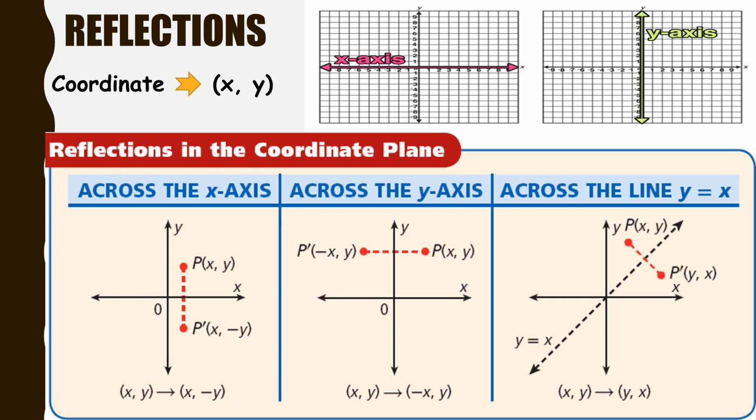Now, when you reflect across the y-axis, the y coordinate remains the same while you multiply the x coordinate by -1, or simply put, you negate the x coordinate. And when you reflect across the line y equals x, this is what happens. You switch the coordinates. So y comes in place of x and x goes in place of y.